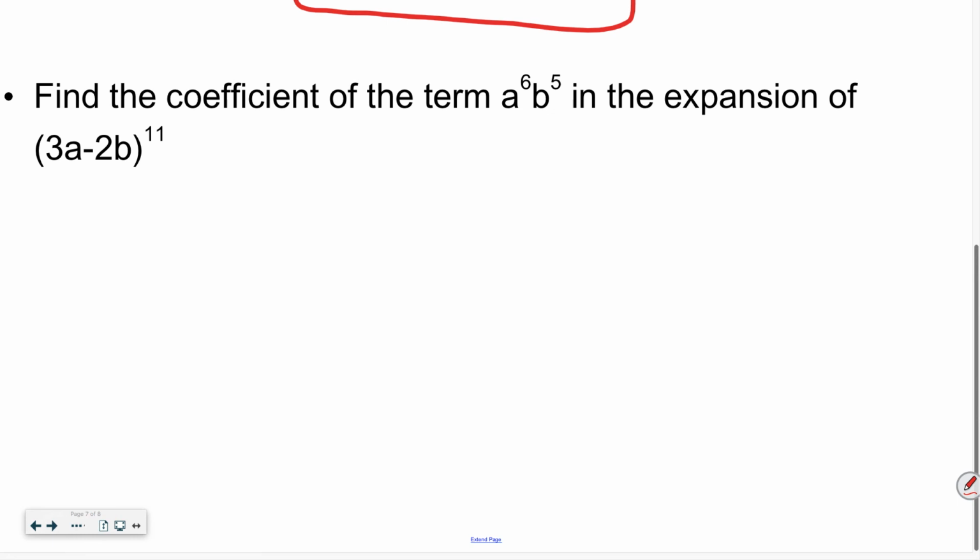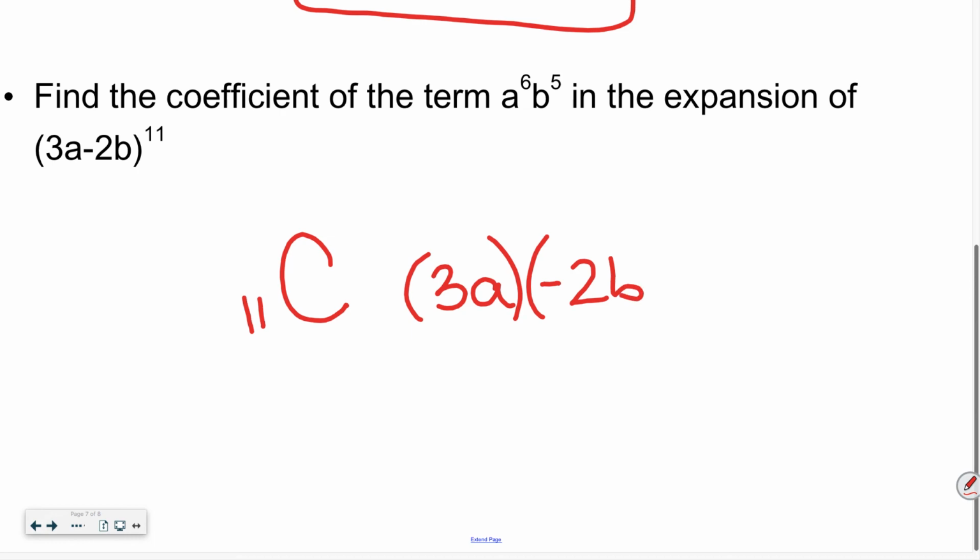Okay, so we know the power of a and the power of b, right? We also know what n is. So we know this is 11 choose something, and we know that we need 3a to a power and negative 2b to a power.